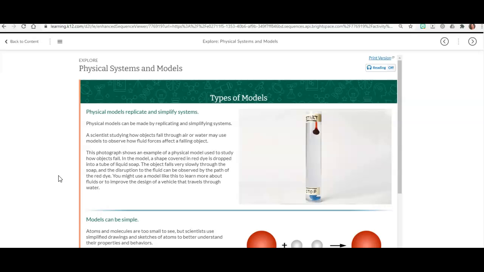So this photograph shows an example of a physical model used to study how objects fall. In the model, a shape covered in red dye is dropped into a tube of liquid soap. The object falls very slowly through the soap, and the disruption to the fluid can be observed by the path of the red dye. You might use a model like this to learn more about fluids or to improve the design of a vehicle that travels through water.